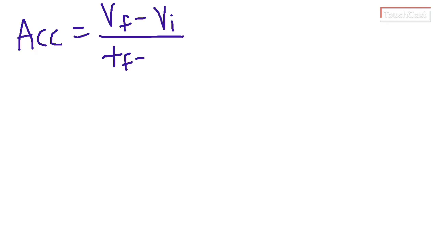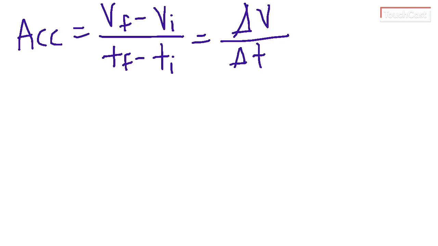So final time minus initial time. And again, that's just known as delta V over delta T. Again, crucial. Final velocity needs to be first so you can show a positive versus negative acceleration.